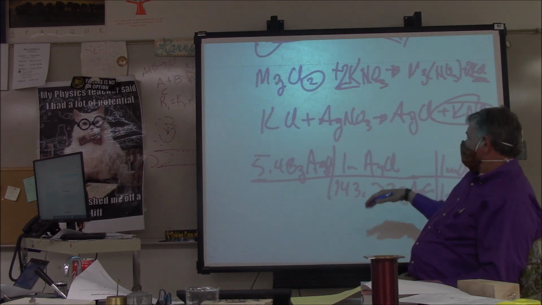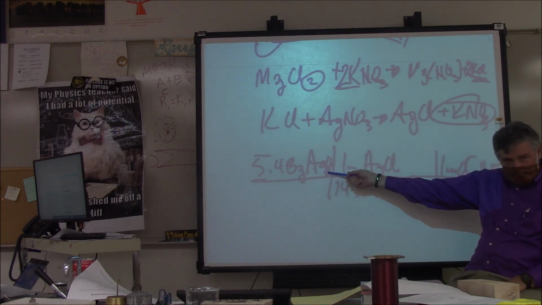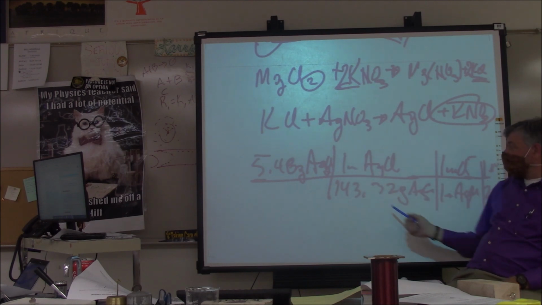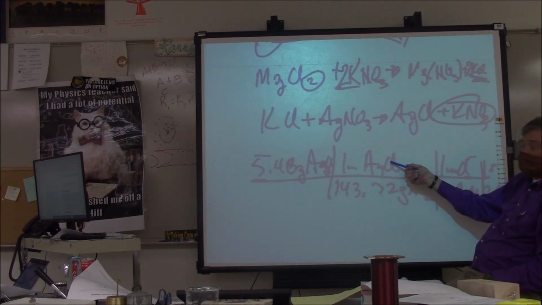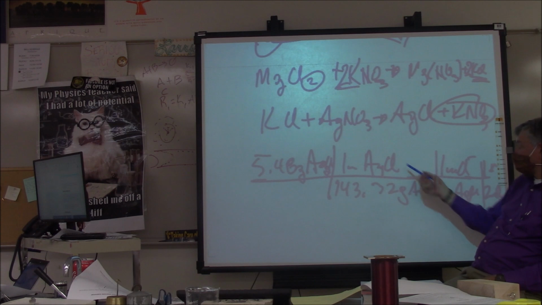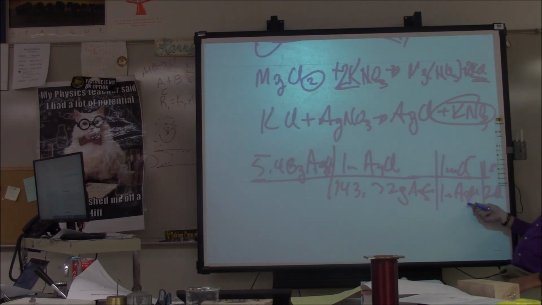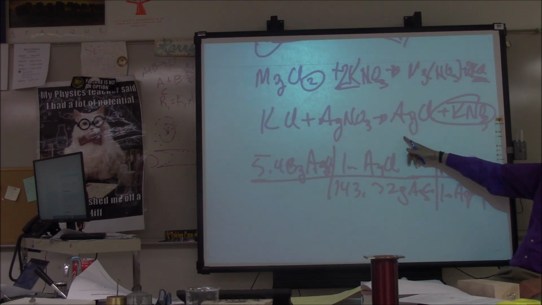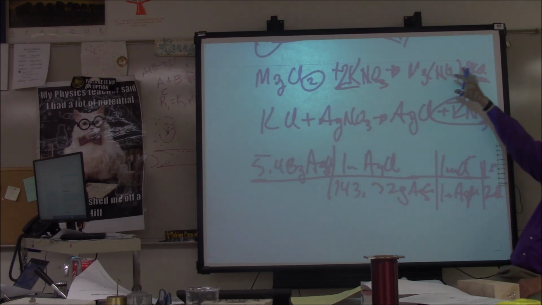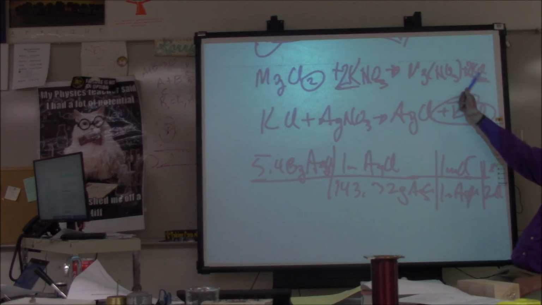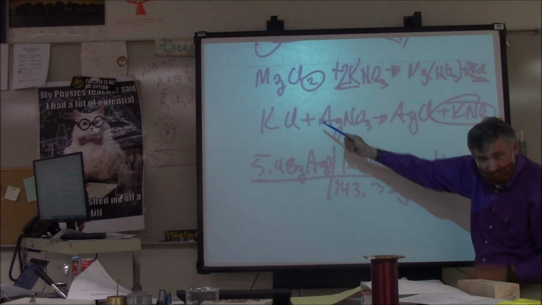So you start with your grams of silver chloride, roll that into moles of silver chloride. 1 mole of silver chloride gets you 1 mole of chloride ions from this reaction.